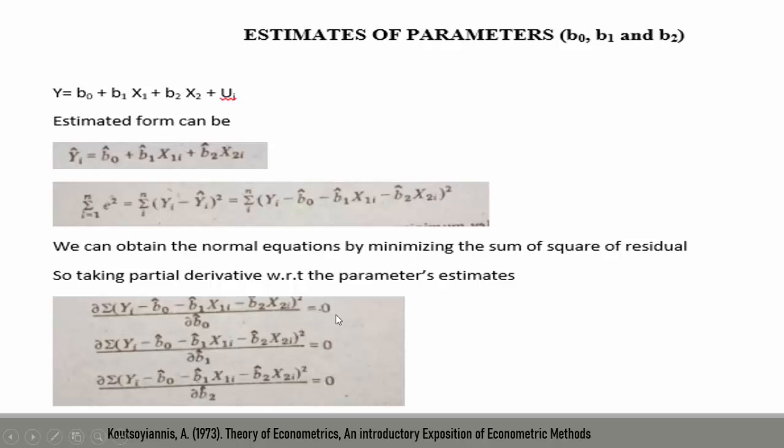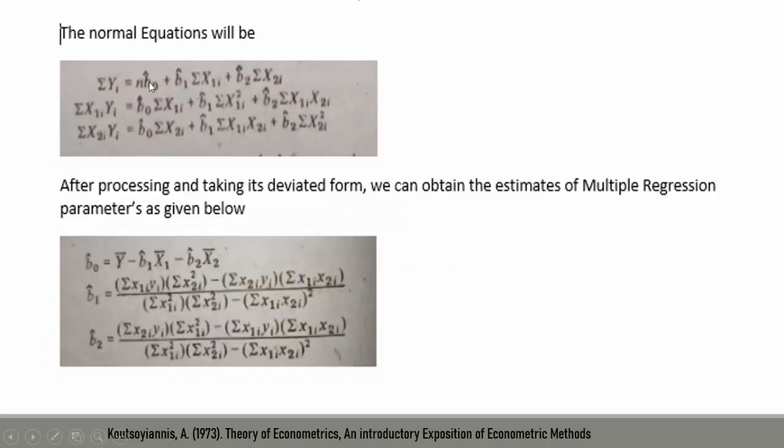Dear students, then we take the same partial derivative with respect to the other parameter b1 hat and we get this equation. Then we take the partial derivative with respect to b2 hat and we get this equation, and we equate all of these to 0. When we take the partial derivative with respect to b0 hat and simplify equation number 1, we get normal equation 1.